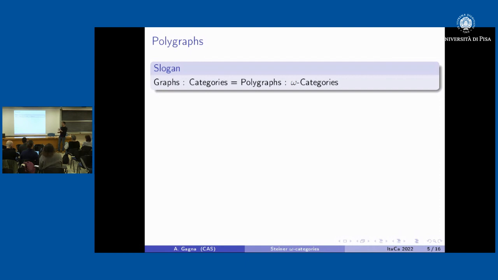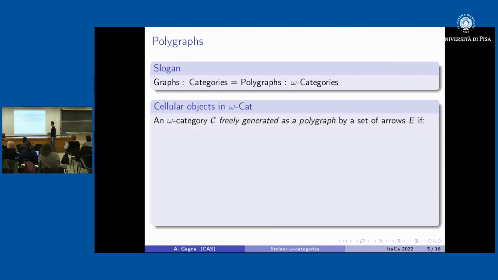I won't tell you exactly what the polygraph is, but I will tell you what the omega category freely generated by the polygraph is. So those are exactly the cellular objects, if you want to be topological. What does it mean? You have an omega category C, you have a set E of arrows of any dimension you want. This set must contain all objects.